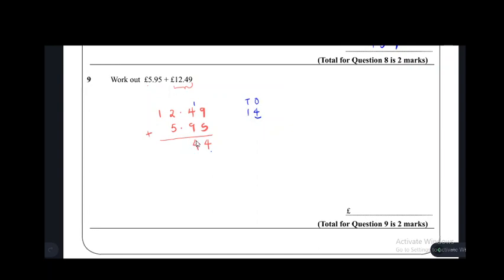So we put a 4 here, and then we carry 1 again. Now remember, we have decimal points here, so we have to bring them down. Now 5 plus 2 is 7, plus 1 is 8. So I put 8 there, and then 1 plus nothing is 1. So our answer right there should be 18 pounds and 44 pence.